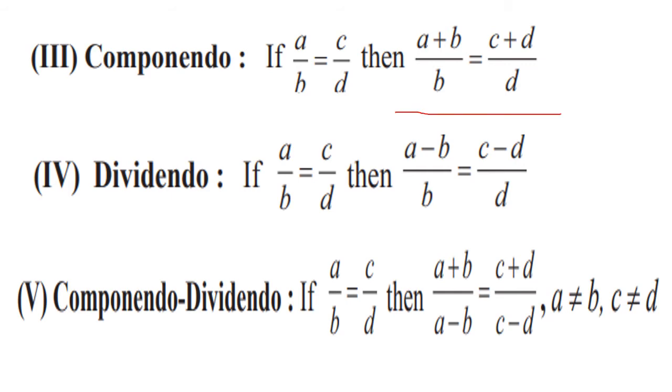Okay, that means we are writing it like this. Then what we can do is we can cancel B from both the sides like this, and we can cancel D from both the sides, and then we will get A plus B upon A minus B on the left hand side, and here we will get C plus D upon C minus D.